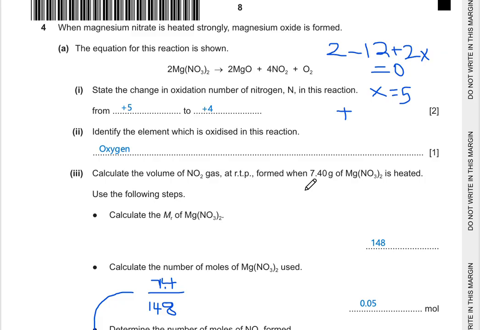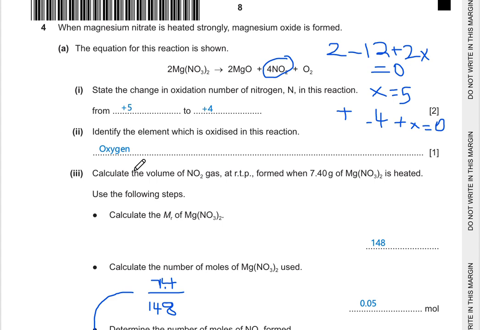In enthalpy changes and in oxidation numbers, we have to include the plus and minus sign to not confuse the examiner. So that's going to be plus 5, and we need to know the oxidation number of nitrogen in the product too. So in NO2, negative 2 times 2 is negative 4, plus x equals 0. X is going to be 4, so that's going to be plus 4. So that's going to be your answer, from plus 5 to plus 4.